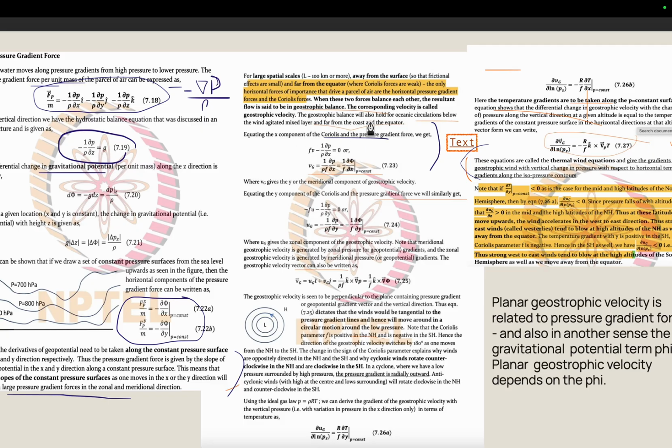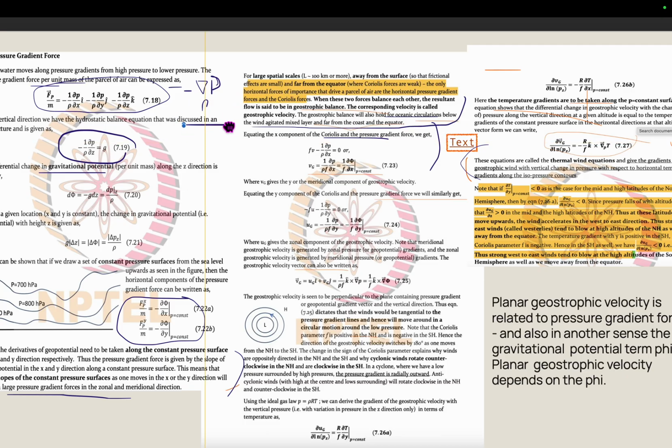This geostrophic balance also holds for oceanic circulation as well as atmospheric circulation. It holds for oceanic circulation below the wind-agitated mixed layer and far from the coast and the equator.